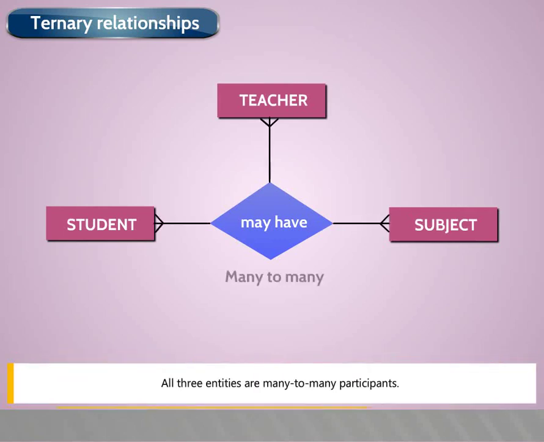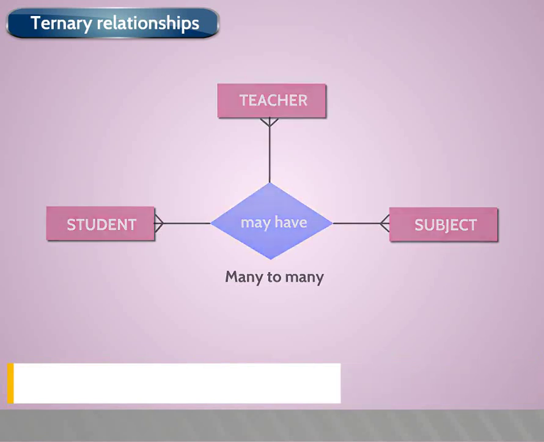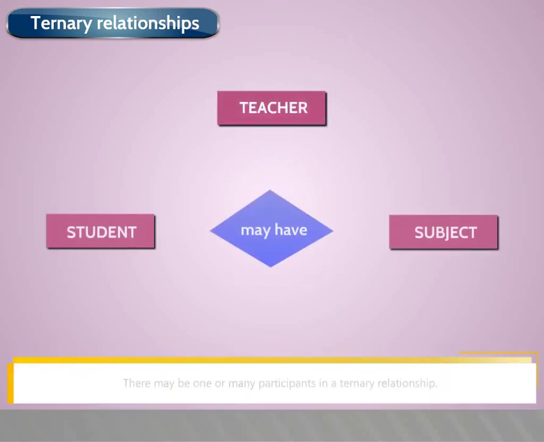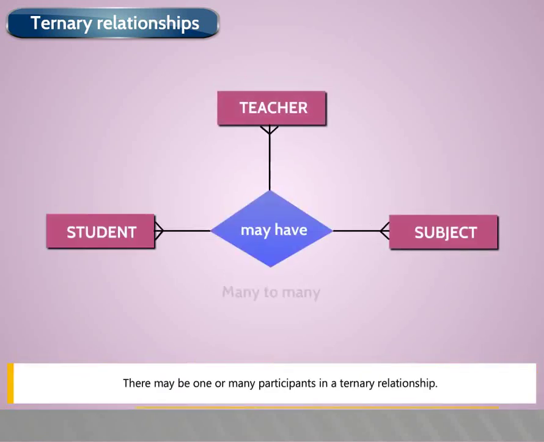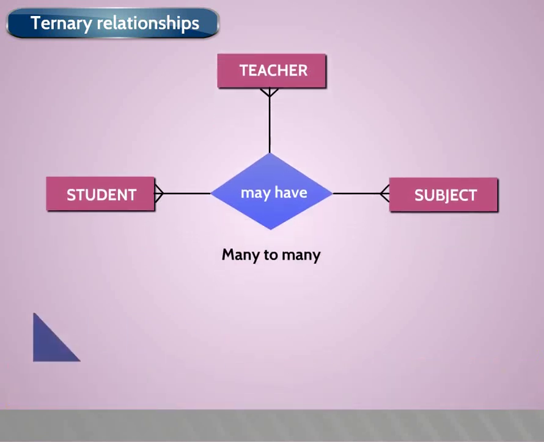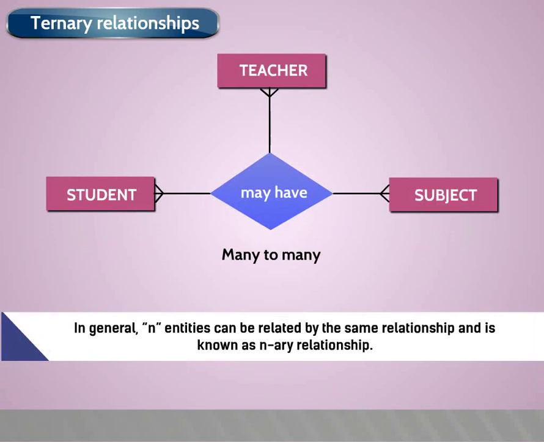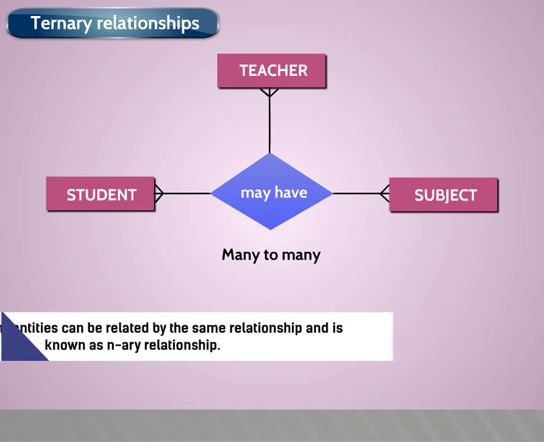All three entities are many-to-many participants. There may be one or many participants in a ternary relationship. In general, n entities can be related by the same relationship and this is known as an n-ary relationship.